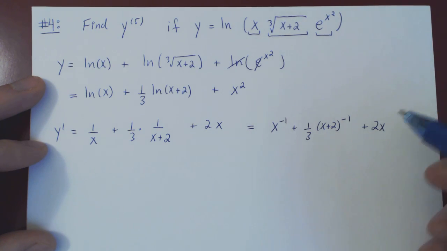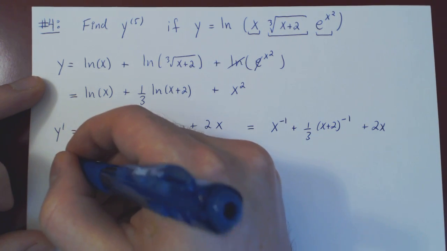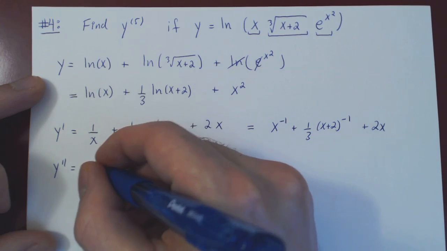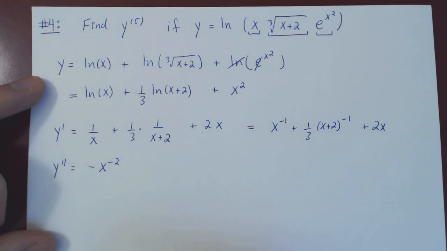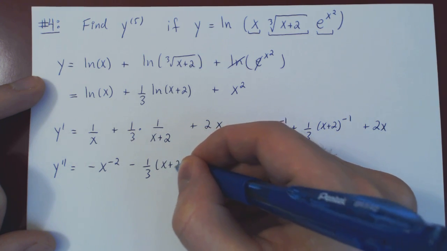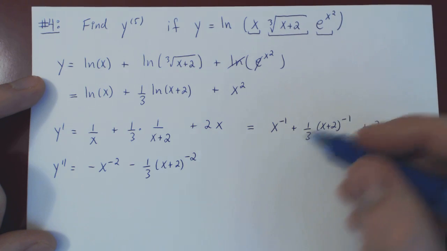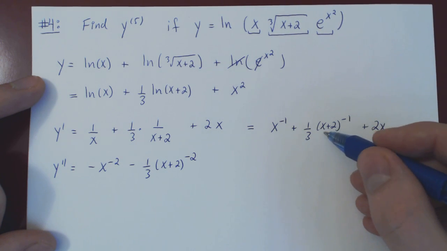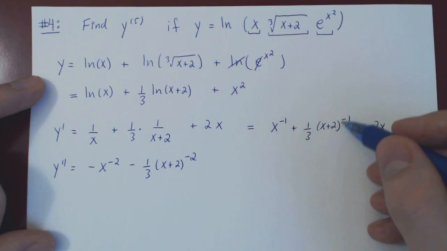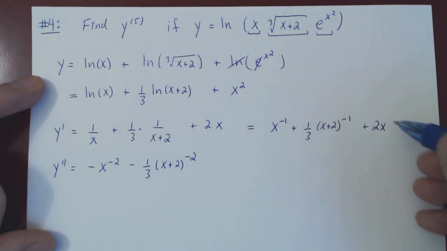And now we'll differentiate using every time the simple power rule. Negative x to the negative 2, negative 1/3 to the negative 2, times the derivative of x plus 2, which is 1. So here, no need for the chain rule. And this will be true for every consecutive derivative, plus 2.